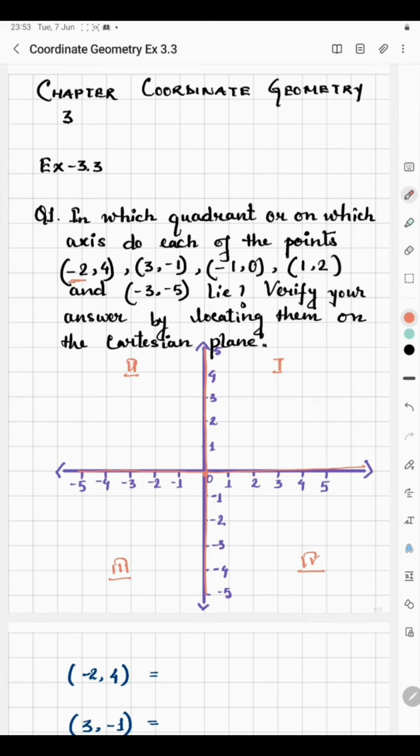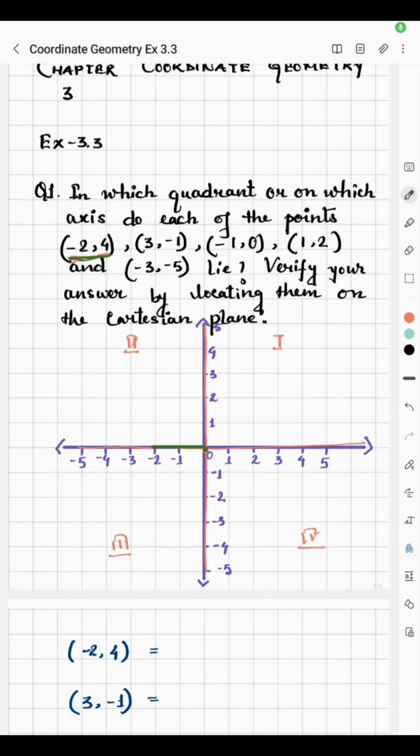Now -2 is the value of x and 4 is the value of y. To locate this coordinate (-2, 4), we will move to the x-axis at first. The value of x is -2, so from the origin we will move to the left up to -2. To get the value of y, which is 4, we go up from the origin.